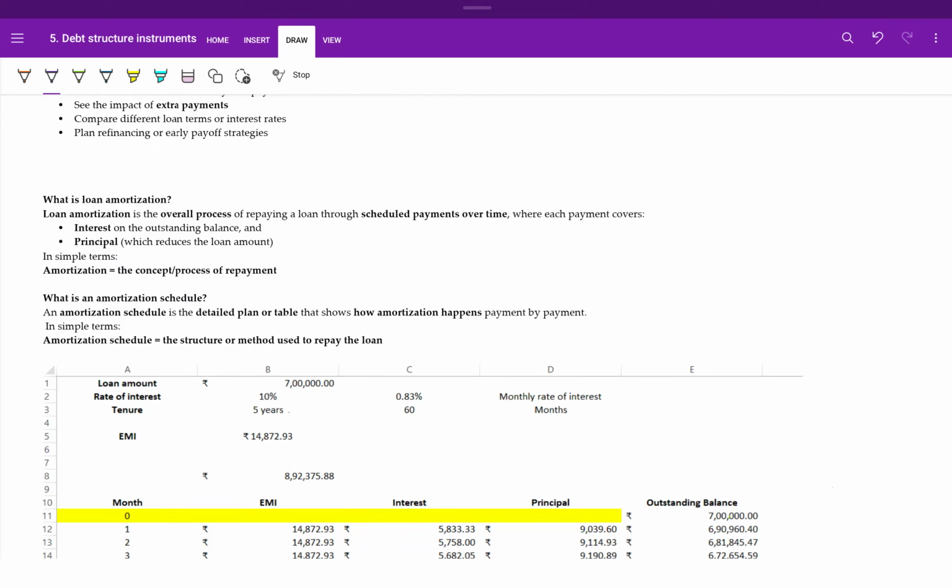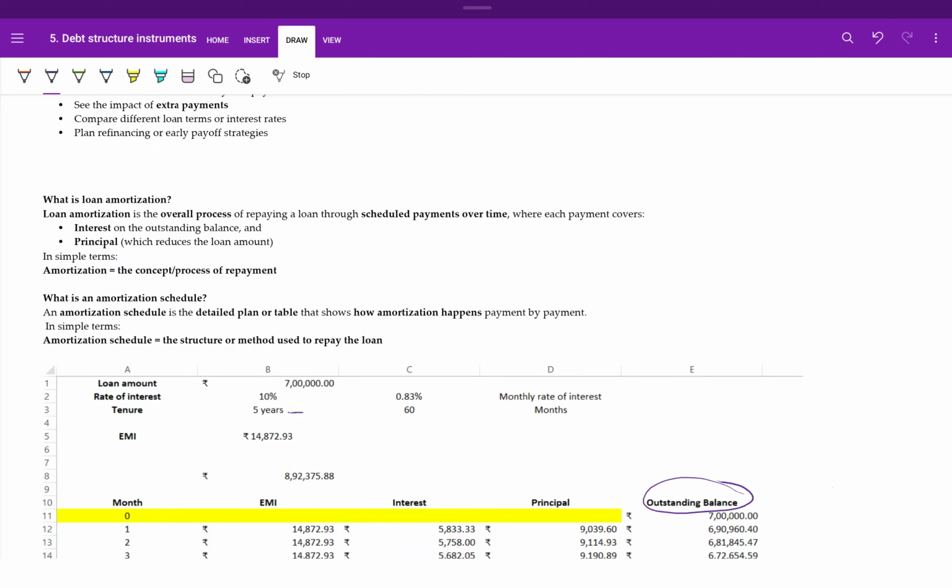This means the EMIs are going to be smaller, but the interest component is going to increase. The longer you take to pay your outstanding balance, the more interest the bank is going to generate out of you.